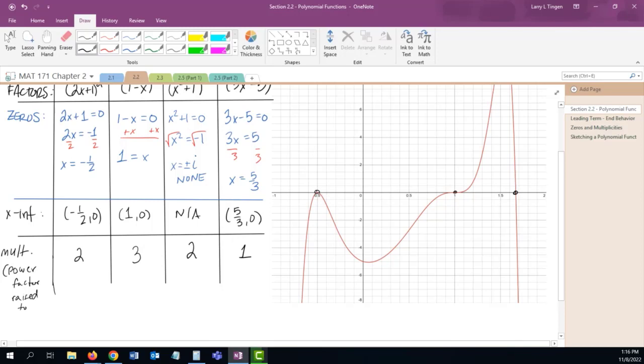So take a look over here. My first root, my first 0 is at negative 1/2, 0. Its multiplicity is 2, and the graph comes up, it touches, and then it goes back down. The next 0 I run into is 1, 0, and when I get there, I hit and I actually cross. Okay, so I go from below to above, and then the last one, I come down, I get it, and then I cross again.